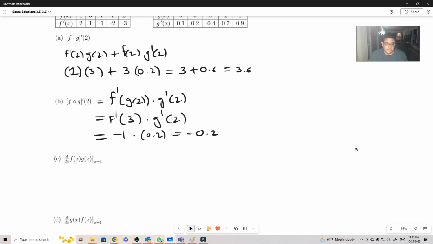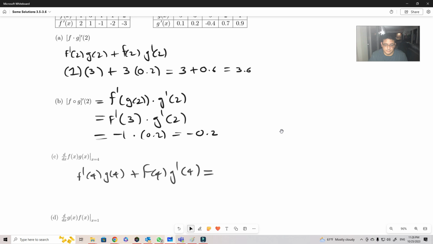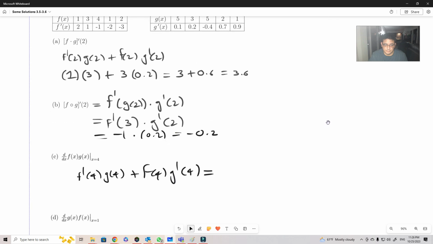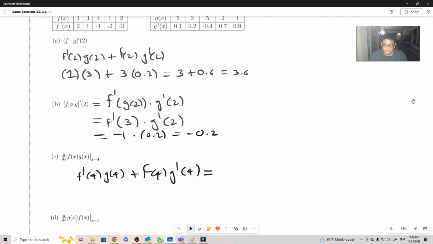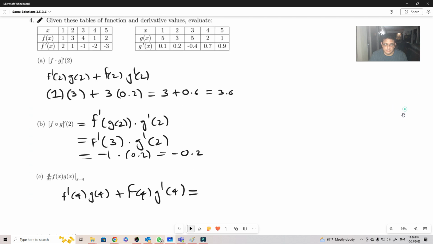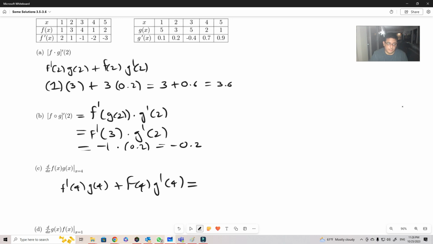Then here we have products in 4 and in 1. And this is actual notation for products. So this is f prime of 4, g of 4, plus f of 4, g prime of 4. Okay, so f prime of 4 is -2.